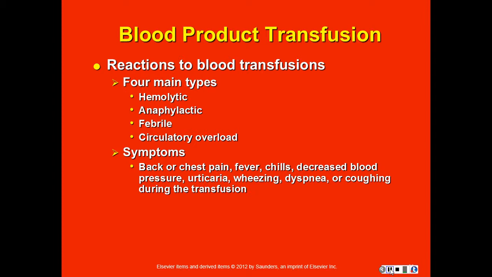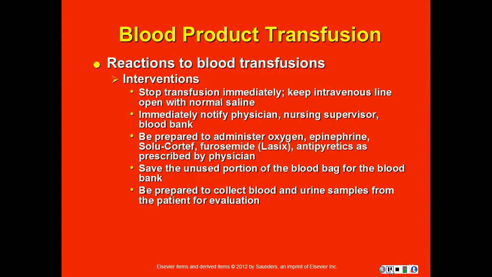Okay. So when you have that, what do you do? You stop it. You stop the transfusion, disconnect that blood line, and connect it up to normal saline to keep it open.